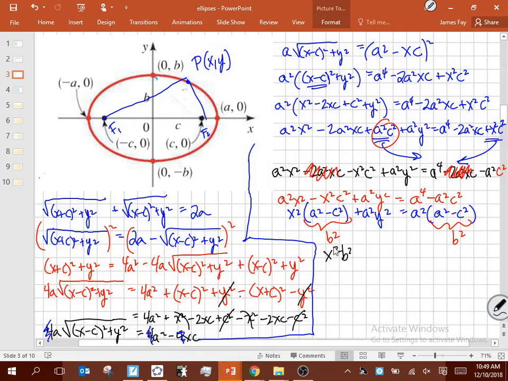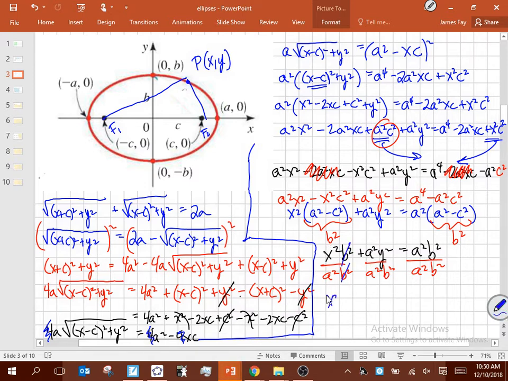I have x squared b squared plus a squared y squared is equal to a squared b squared. Well, in every one of our ellipses and the formulas we're interested in, we want this right-hand side to be 1. So we'll divide by a squared b squared. Now some cancellation occurs. The b squareds cancel out.